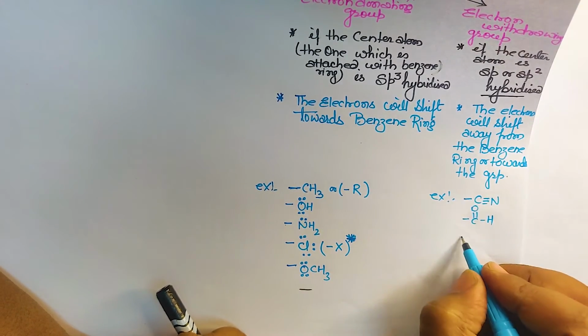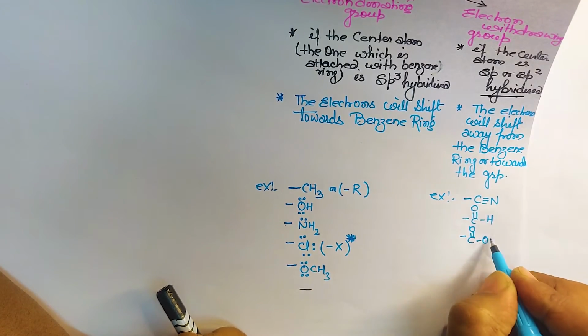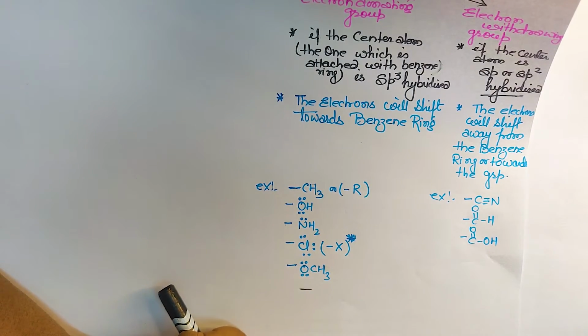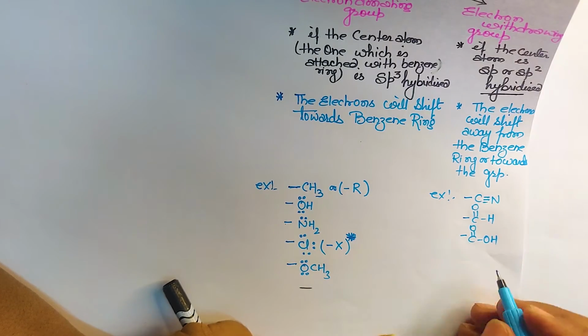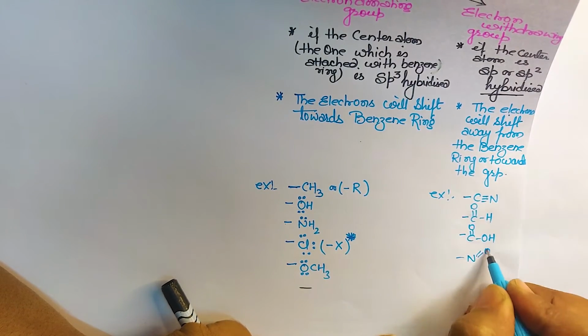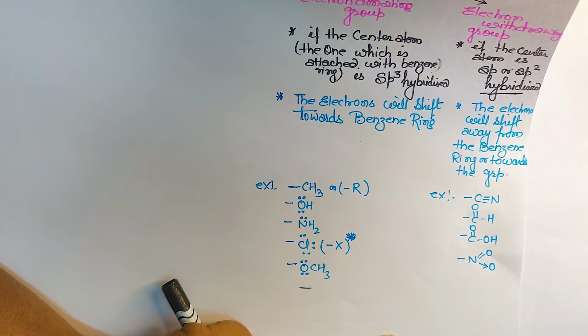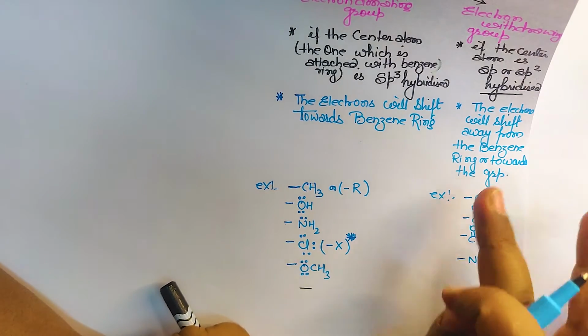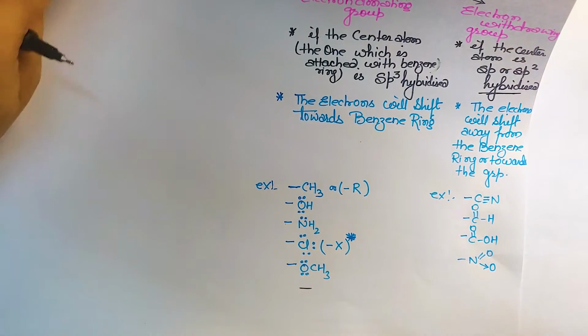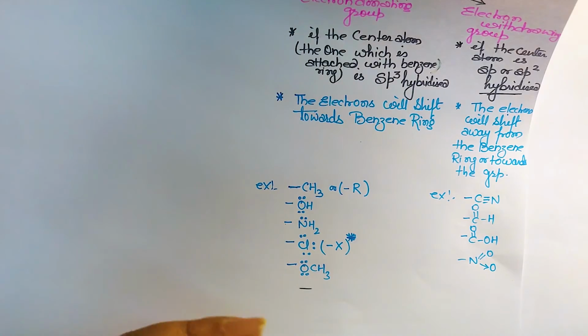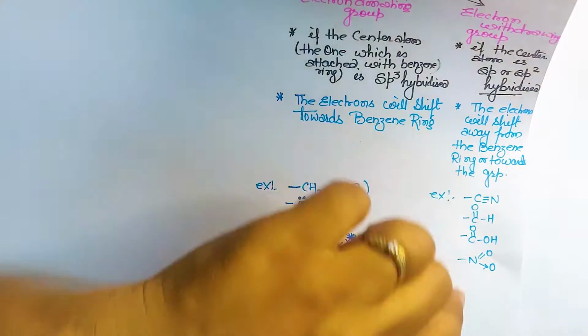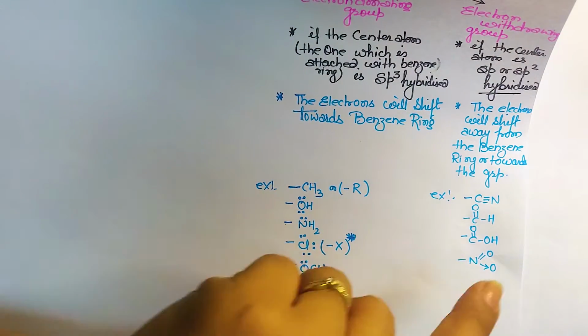Yes. Another example. Yes. Any problem in this? Is it understood? Another example. Yes or no? So all these things, if attached to the benzene ring, what will happen? The electrons will shift towards this group, away from the benzene ring and towards this group.